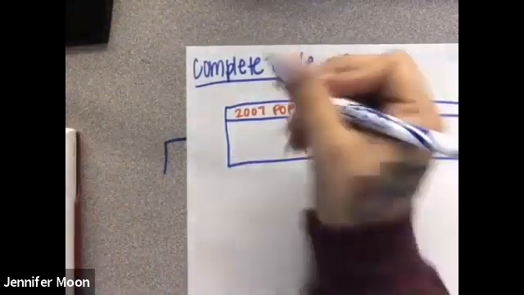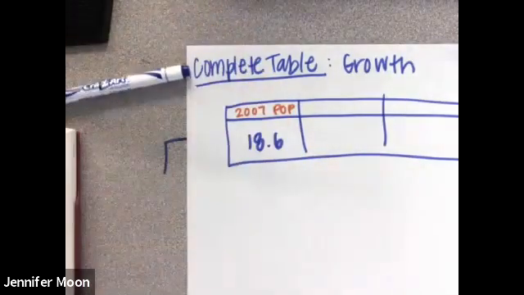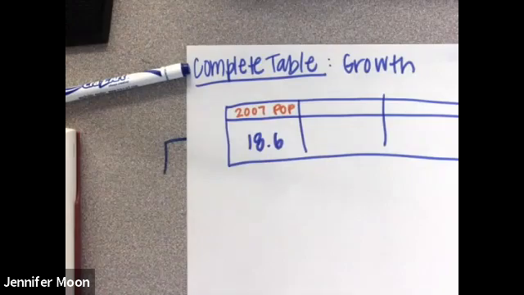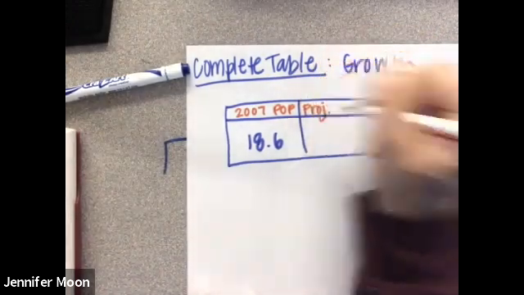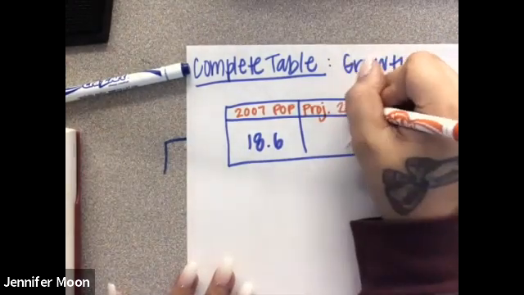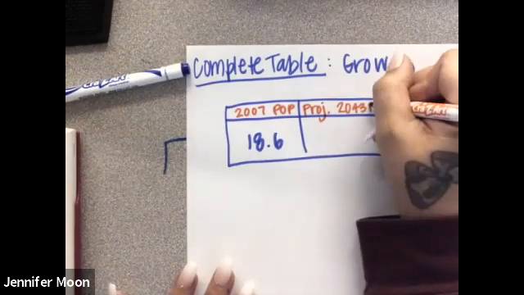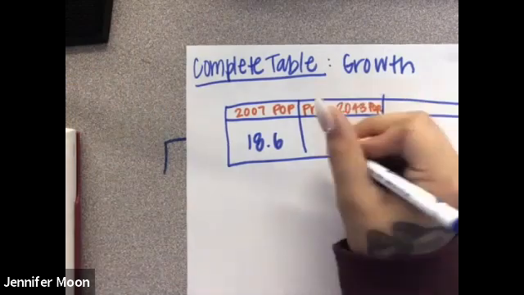Well, they actually gave that to me as 18.6. And I don't have this written, but I'm assuming it's in millions. For row 2, column 2, I have projected, I just wrote PROJ, y'all. Projected 2043 population. They gave me 27.9.